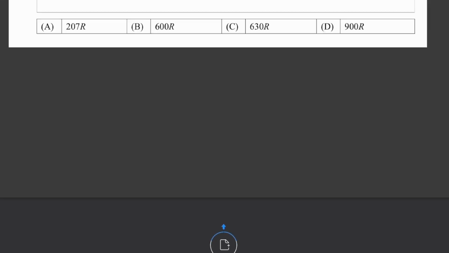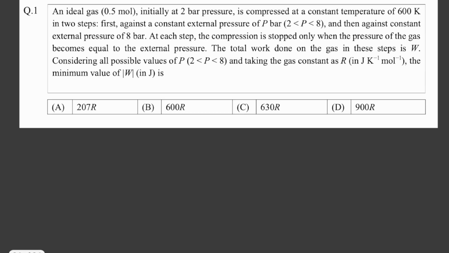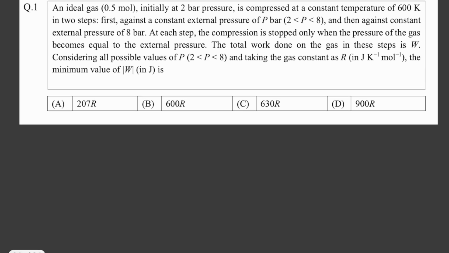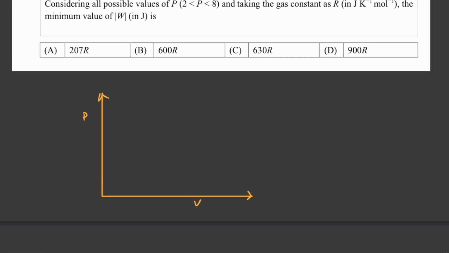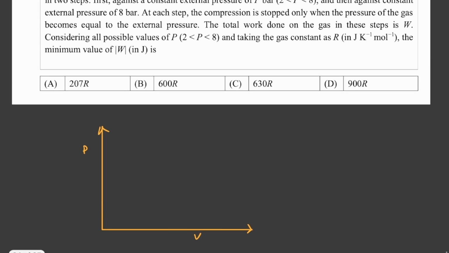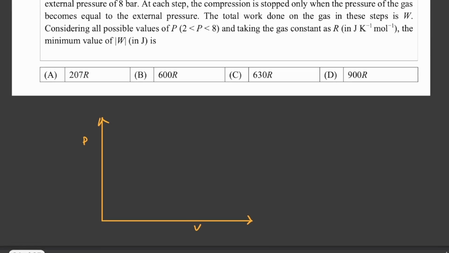So let us draw the diagram first, the plot of P and V. Initially, the pressure was 2 bar, so I am considering this as the initial pressure. Here it is 2 bar, and somewhere in between the pressure is P, and then the pressure is 8.